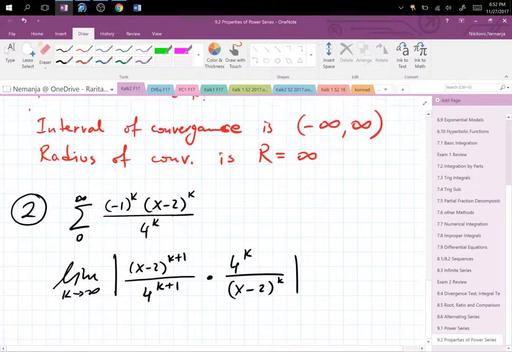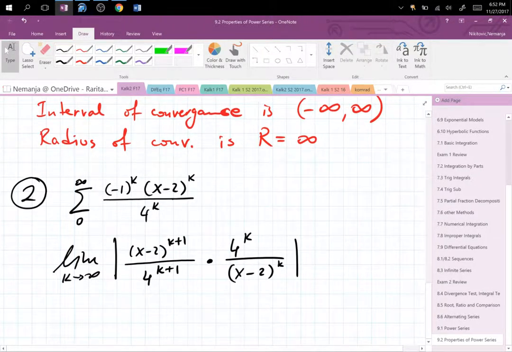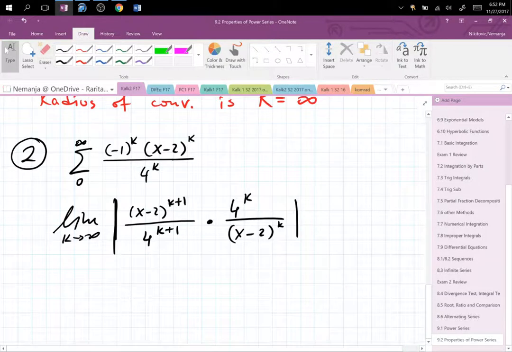Why don't we have to worry about the negative 1? Absolute value. It's 1, negative 1, 1, negative 1, right? When you apply absolute value, they all become 1, and you multiply, nothing changes. Okay. Right now we do peeling.